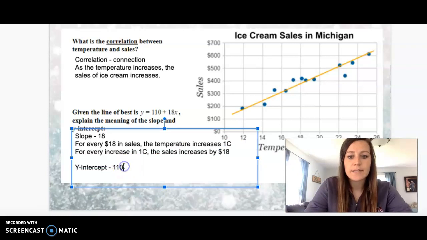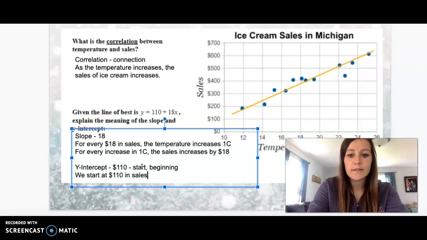Okay, let's go ahead and look here at my y-intercept. Now my y-intercept is 110. 110 what? Well, y value, 110, we're talking about $110. So I can go ahead and label that here. A description for your y-intercept, a great way to describe it is always with a start or beginning of something. Okay, so we could use this in a sentence like we start at $110 in sales when it is 10 degrees Celsius outside.